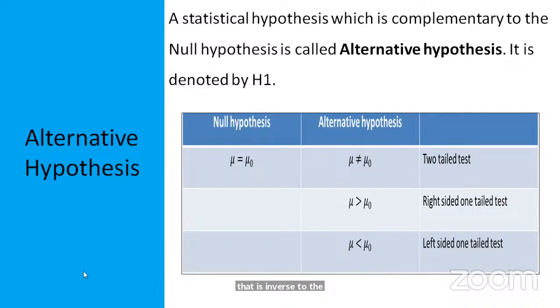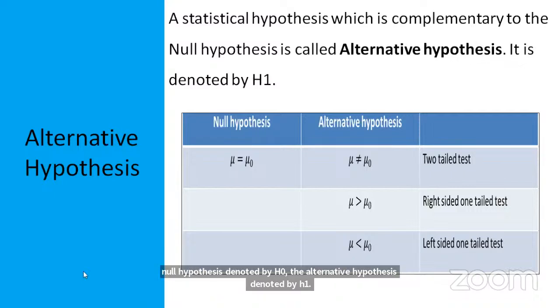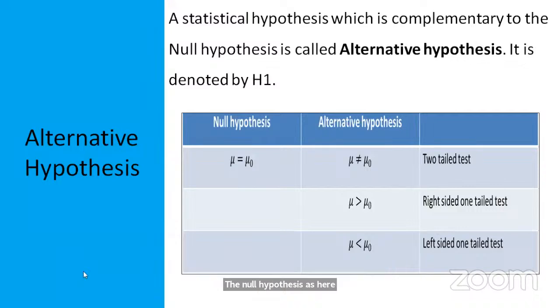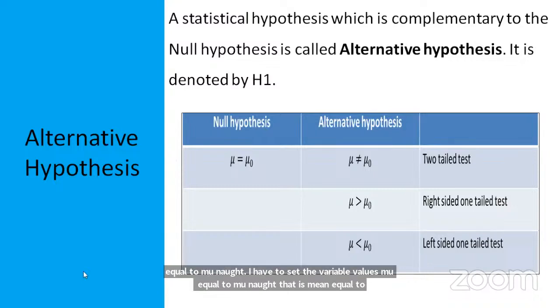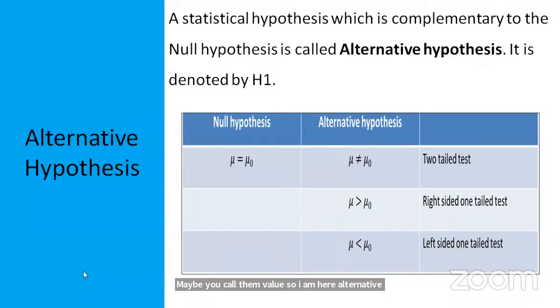The null hypothesis is denoted by H0 and the alternative hypothesis by H1. So the null hypothesis is mu equal to mu naught, that is the mean equals a given mean value. The alternative hypothesis is mu not equal to mu naught.